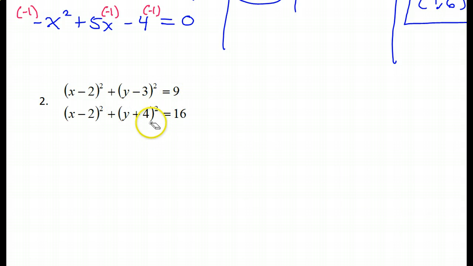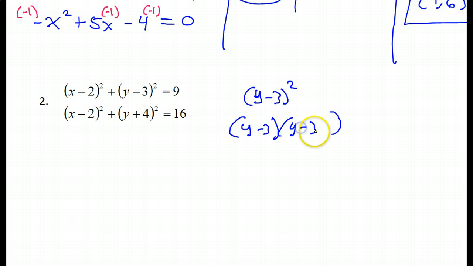Okay, again, the idea would be to set these equal to each other, so eventually I'm going to get 0 on one side. I want to give you some advice on a shortcut though, because eventually I'm going to take things like this y minus 3 squared and multiply it out, like y minus 3 times y minus 3.